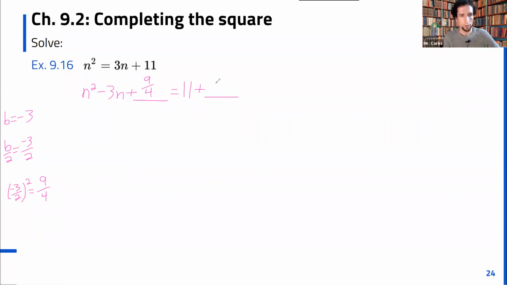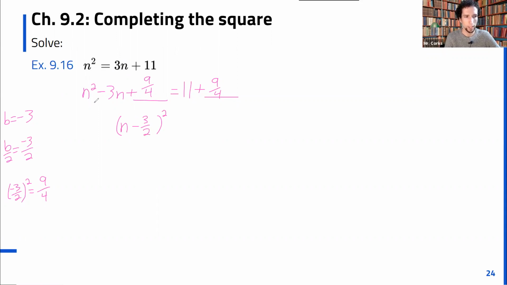And then on the other side, also plus 9/4. Okay. So then on the left side, if we factor that out and take our perfect square and rewrite it, what will we get? N minus 3/2 squared. Okay, n for our variable. Sorry. That's all right. -3/2 and that whole thing squared.